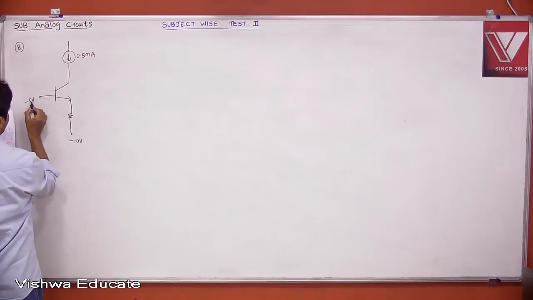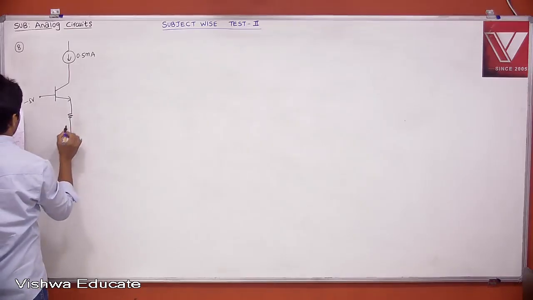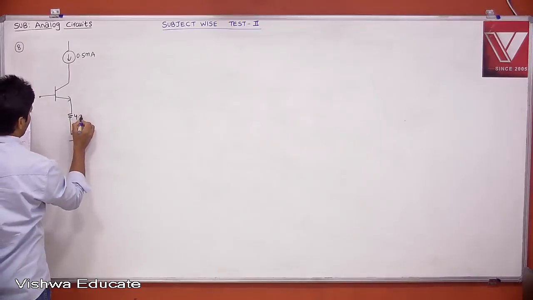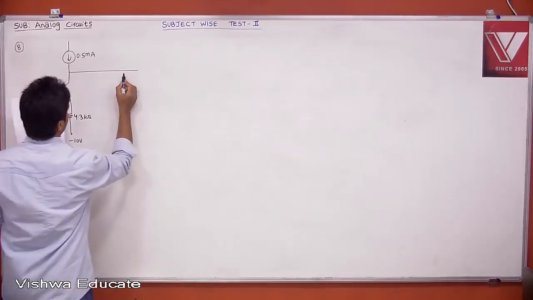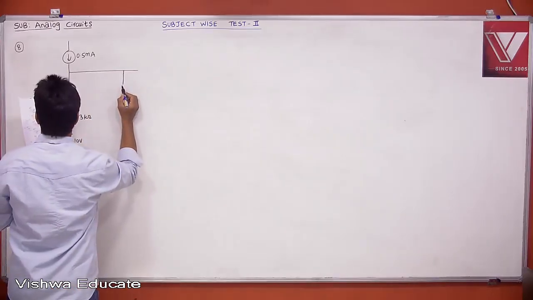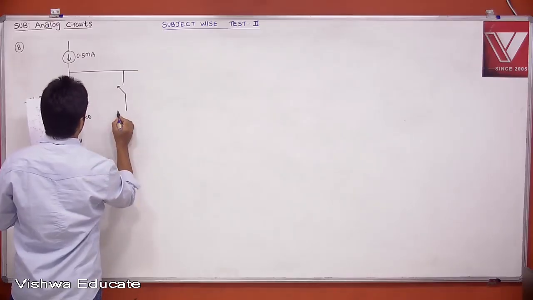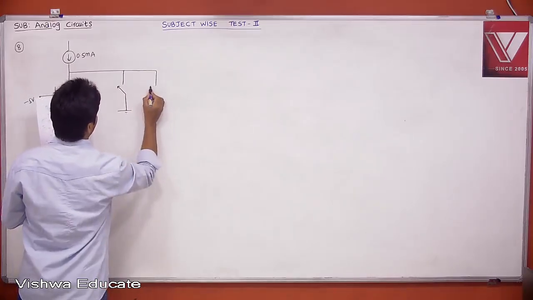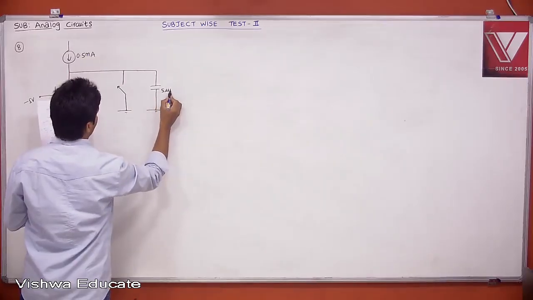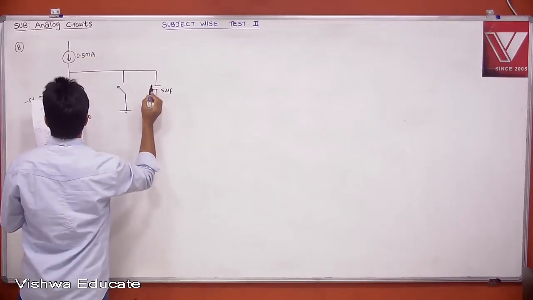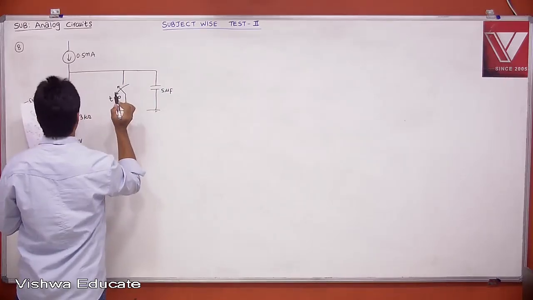Don't say base is minus 5 therefore off. No, this is minus 10. This is important. And this is 4.3 kilo ohm. And now this is what is having a switch. And then the switch is open at time t is equal to 0. Till then there is a capacitor which is 5 microfarad. Therefore the switch is opened at a time t is equal to 0.